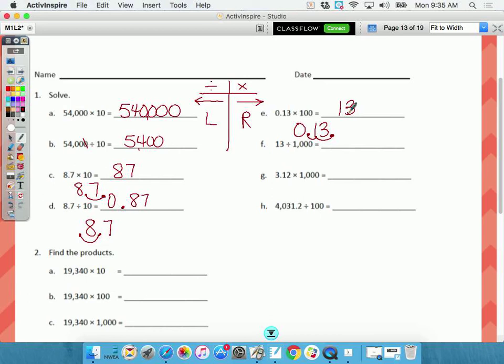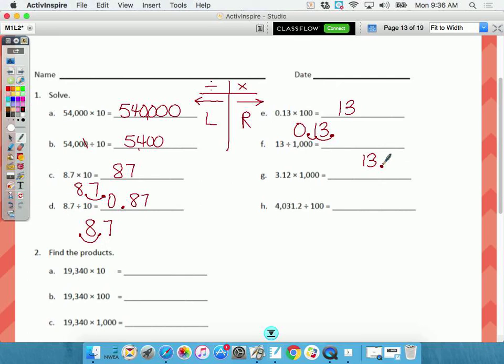How do I say this answer? 13. 13 divided by 1,000. Can I use the zero trick? No, I can't. It doesn't have a 0. I'm dividing, so both numbers need a 0. So rewrite 13 and give yourself some room. Where is the decimal in 13, Fernando? At the end.